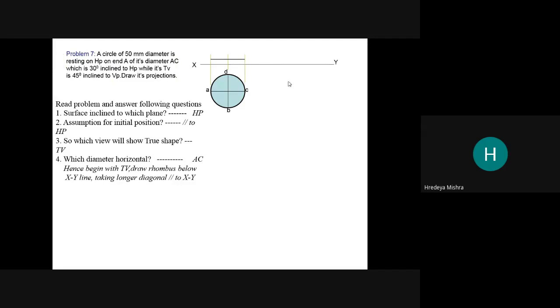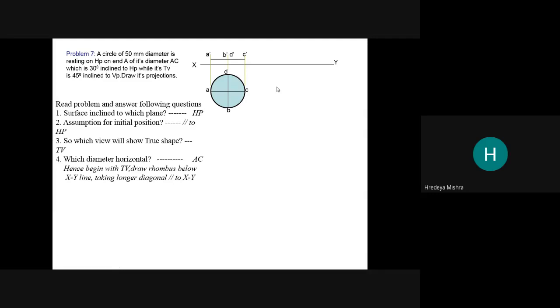This is A dash, this is B dash D dash here, and this is C dash. Why are there 2 points at the same place? Because B and D are overlapping each other, so the same point gives us the 2 points.